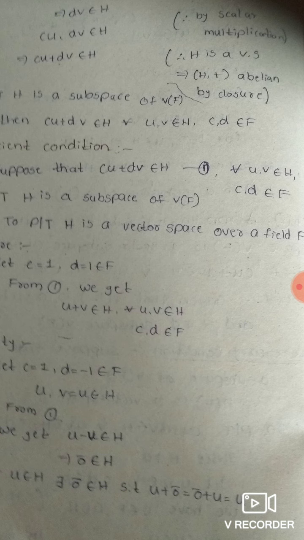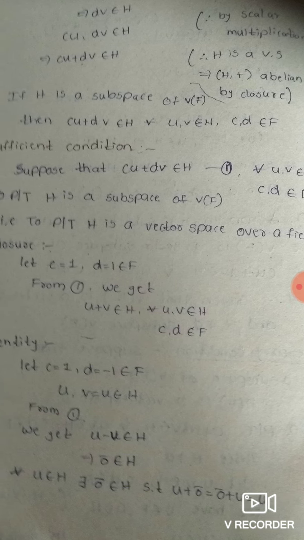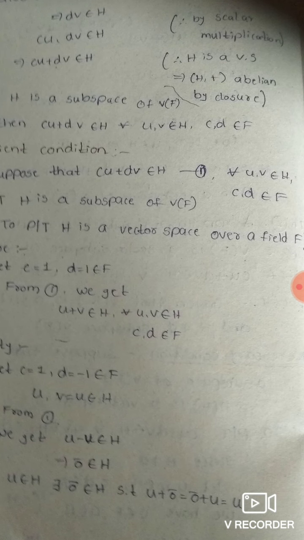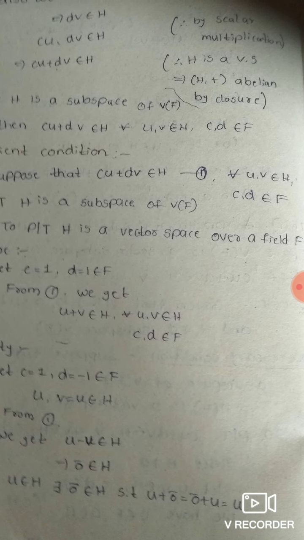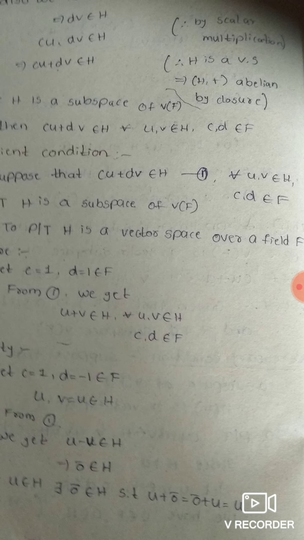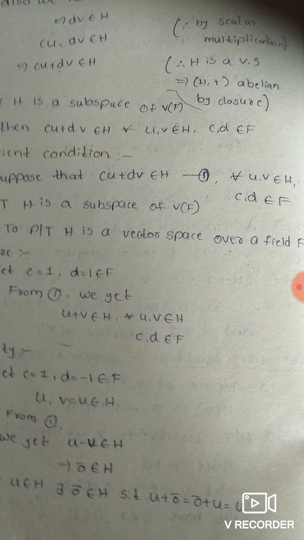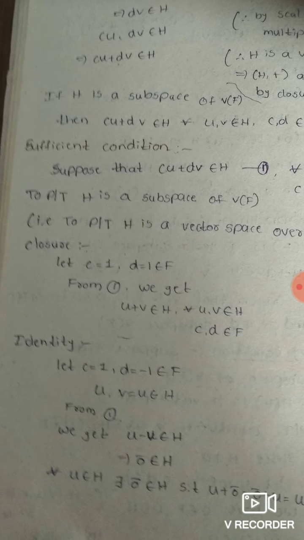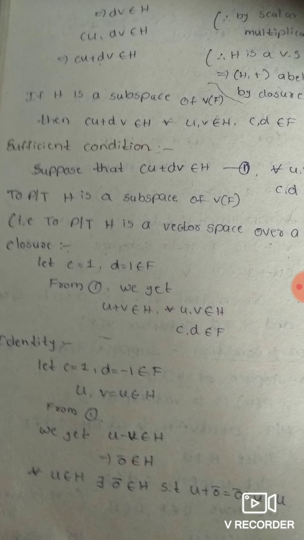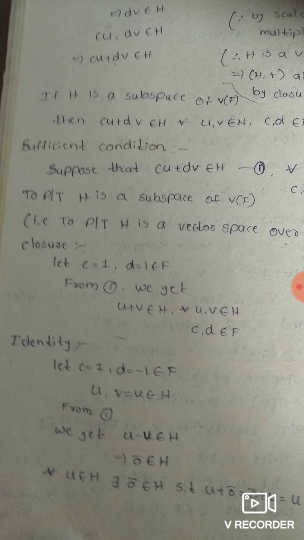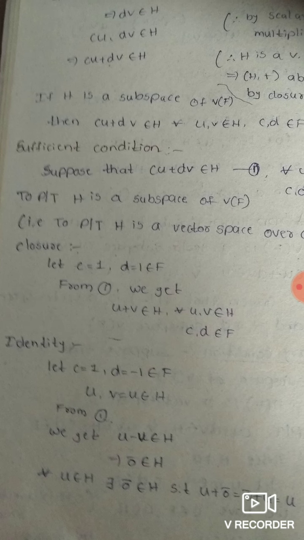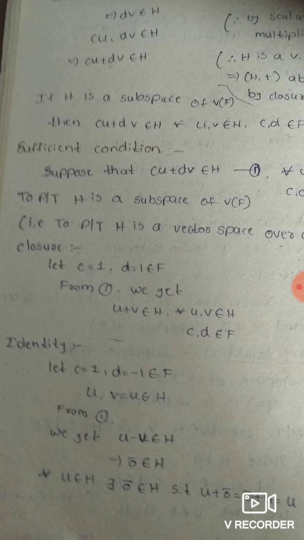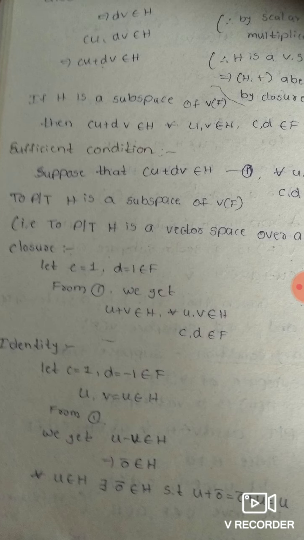If H is a vector space, automatically H is a subspace of V of F. First we take, suppose that CU plus dV belongs to H for all u, v belongs to H and c, d belongs to F. To prove that H is a subspace of V of F, it is enough to show that H is a vector space over a field F.